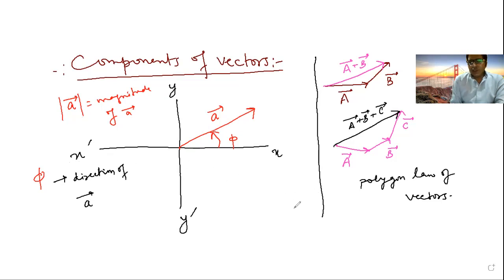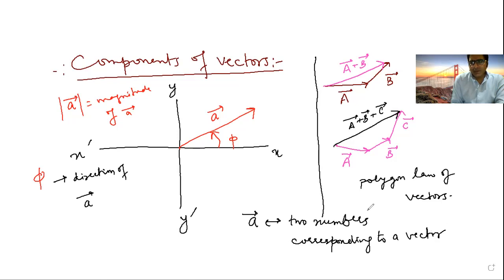So we say in 2 dimensions, there are two numbers corresponding to a vector. One number indicates the magnitude and another number indicates the direction.